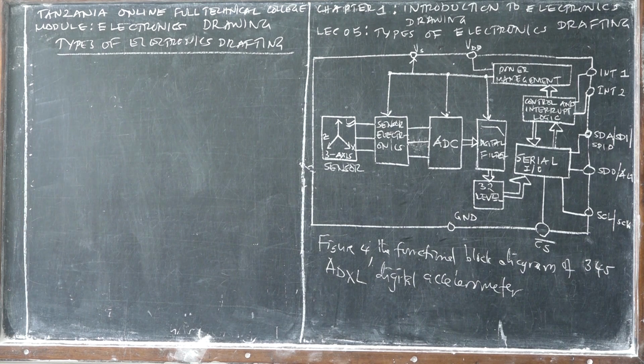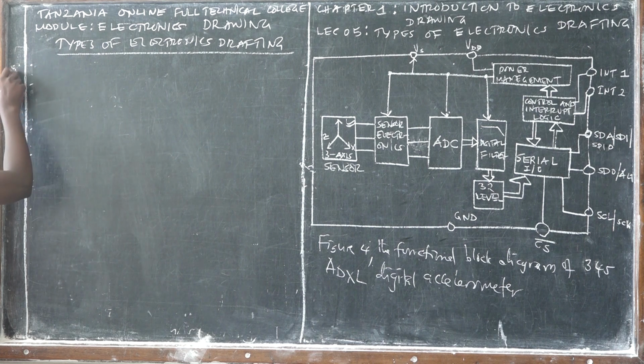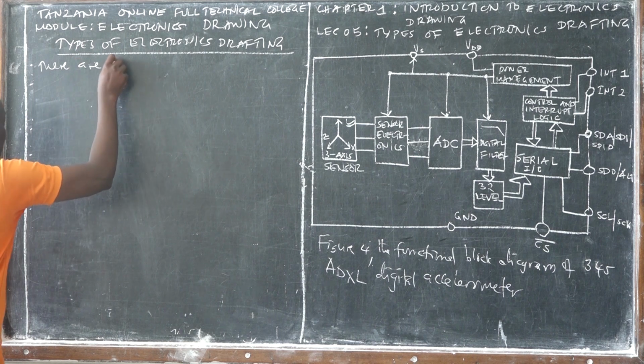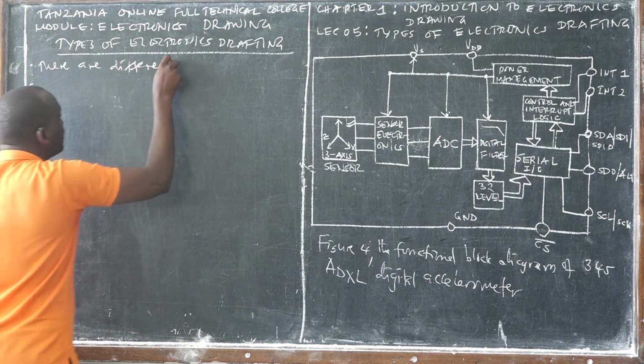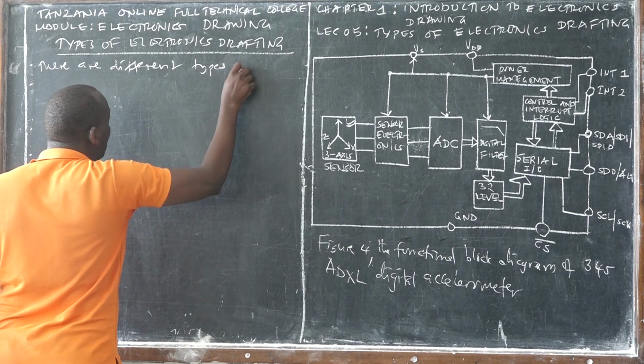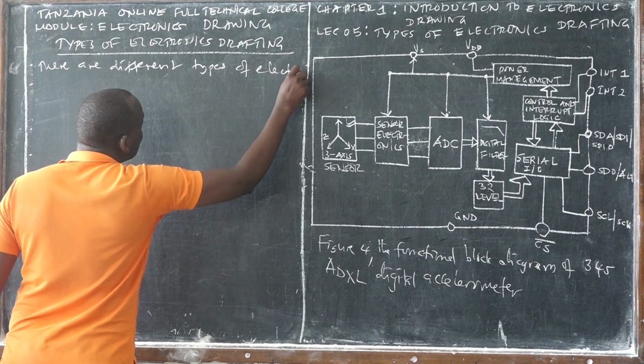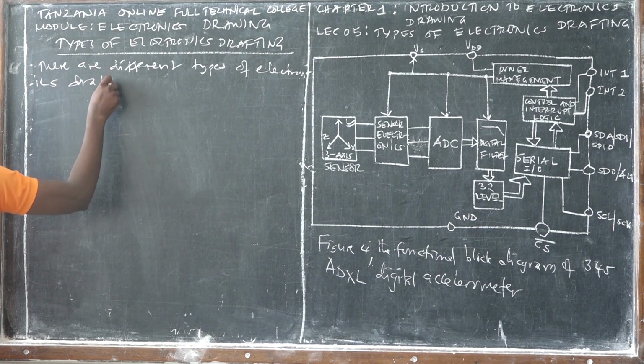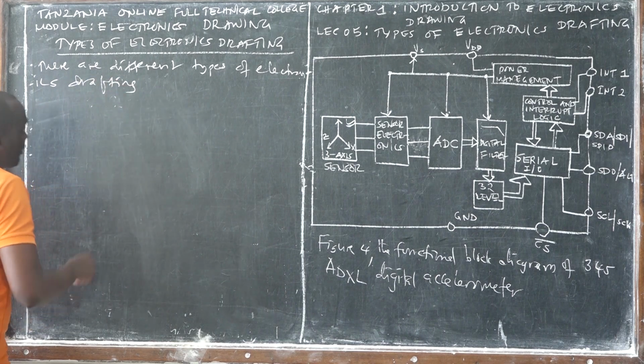So that is number 4, the functional block diagram. There are different types of electronics drafting.